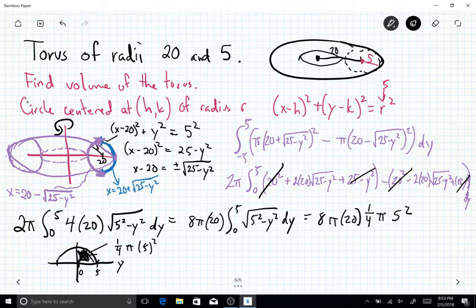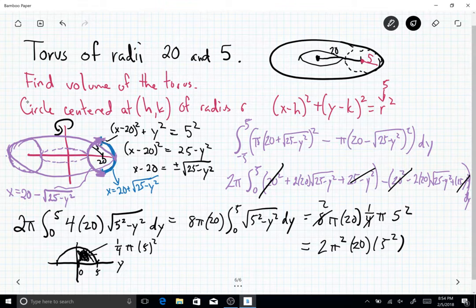And if you take a look, we can simplify that a little bit. The 1/4 and the 8 cross off and make 2. You have pi and another pi, and so that makes pi squared. So you have 2 pi squared, right? And then we have 20, which was our bigger radius essentially, and then 5 squared, which was our little radius.